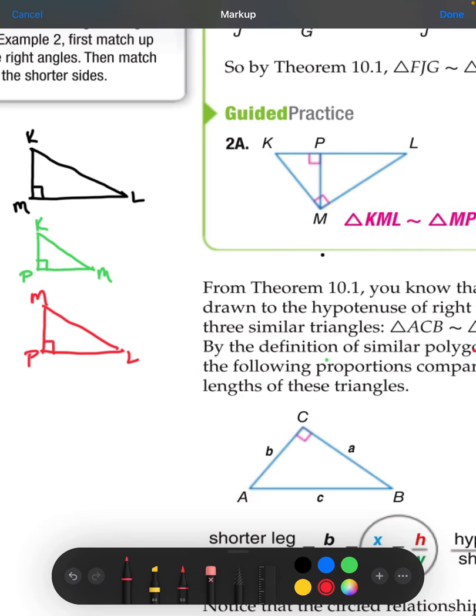So now we're going to make a similarity statement between all of these. So you could say that triangle KLM, or KML, looks like they did KML, that's fine. KLM, so I'm going around this way, is similar to triangle.